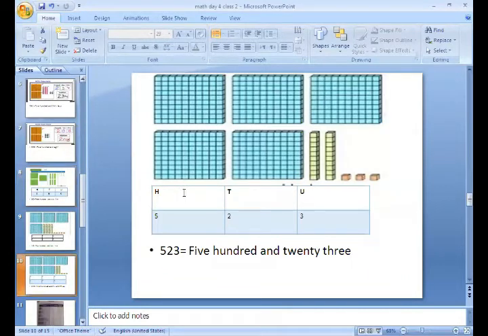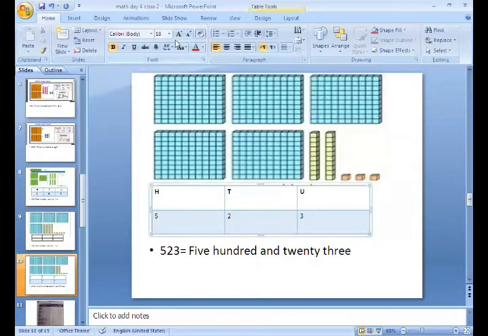In the next picture, you will identify the number by using these blocks. So these squares show blocks of 100, these rods show blocks of 10, and these small blocks show units. So first you count how many blocks of hundreds there are: 1, 2, 3, 4, 5. There are 5 blocks of 100. So you will write 5 at the 100 place.